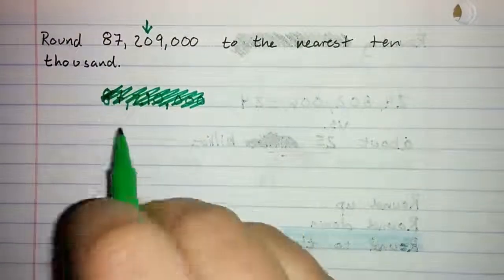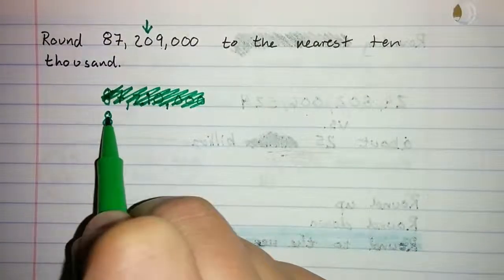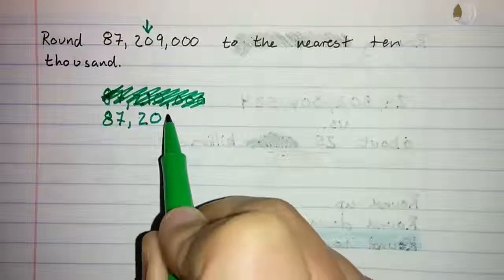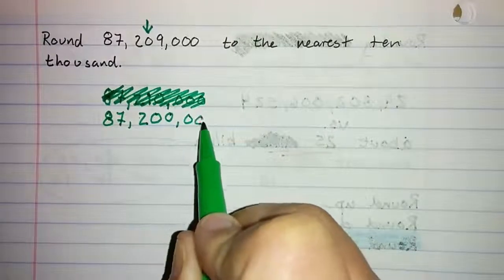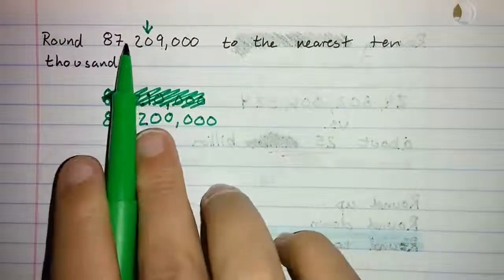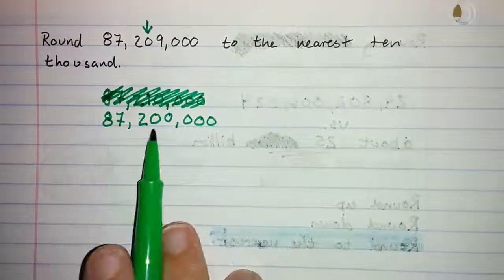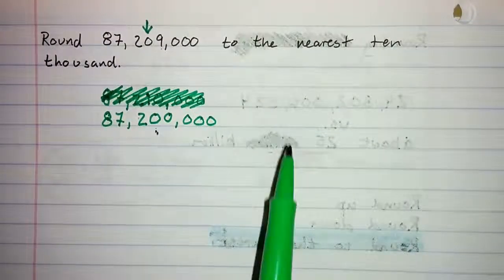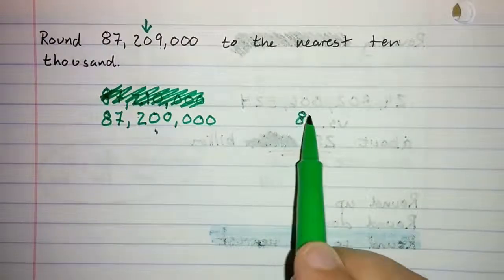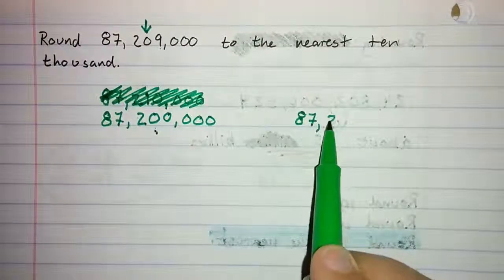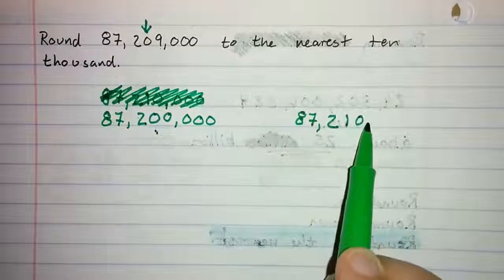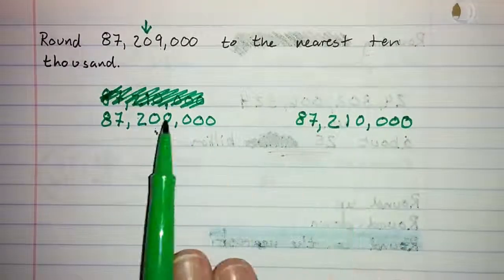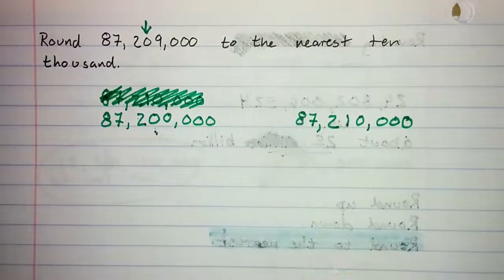Well, this is a little bit more than 87,200,000, no 10,000s. This number agrees with this one, at least until the 10,000s place. And it's a little bit less than 87,210,000. So these are the 10,000s that this number is between.